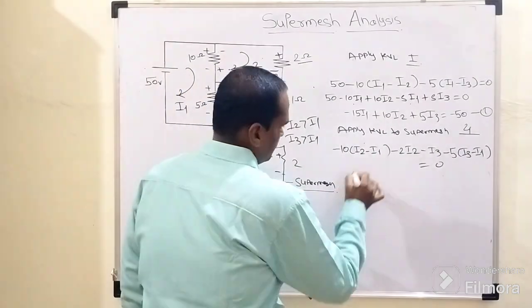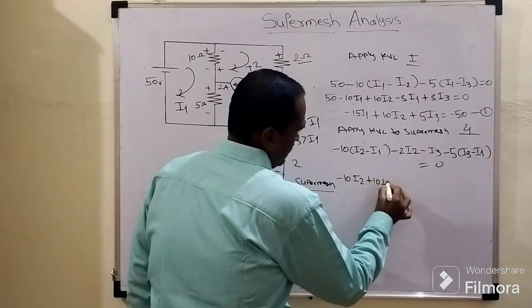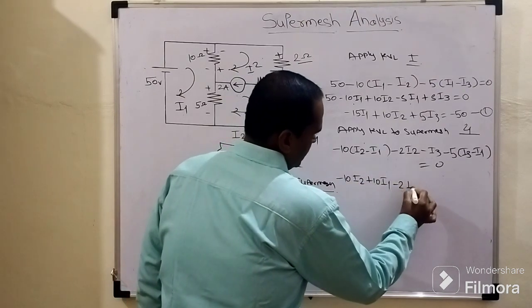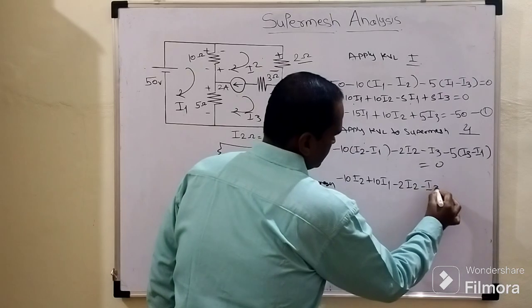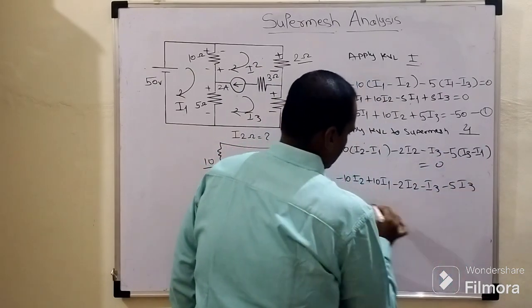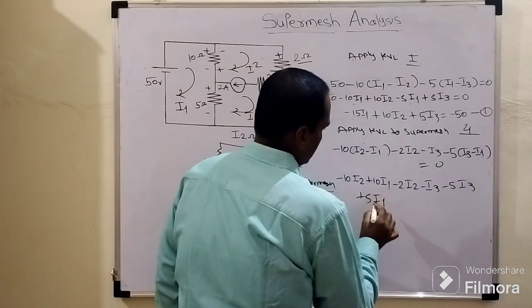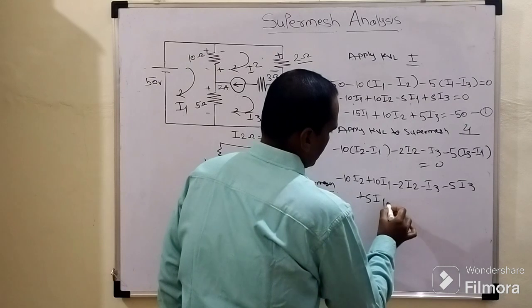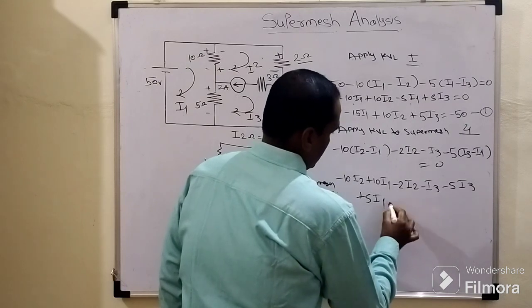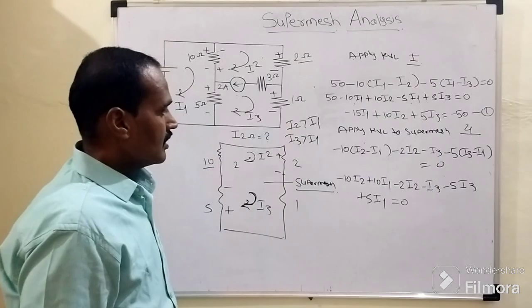Then after that we need to simplify, so it will become minus 10 times of I2 plus 10 I1 minus 2 I2 minus I3 minus 5 I3 plus 5 I1 equals to 0, right?